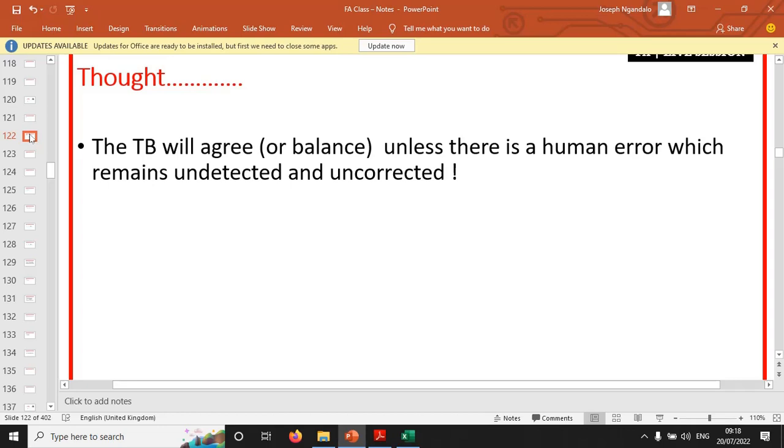All right. You see, the errors should be detected and corrected. You understand that? It's like in some of our families. And let's be honest, not all of us come from rich families.